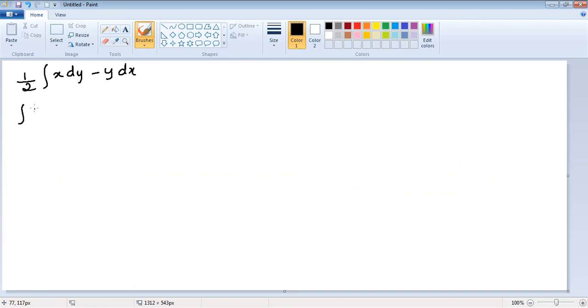We have the integral formula as integral of m dx plus n dy over c. So comparing these two, we can take n as x by 2 and m as minus y by 2. This is how to take the values.